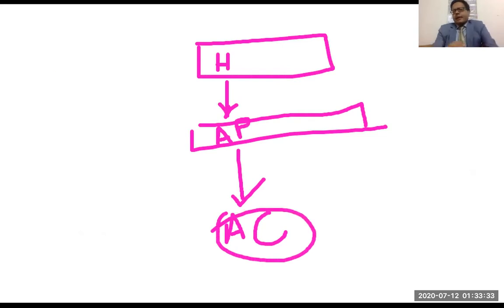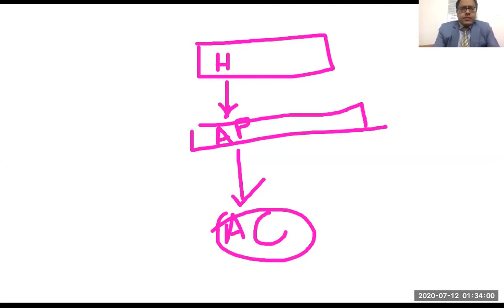Normally, if your cortisol levels are high, that gives negative feedback to your anterior pituitary and also to your hypothalamus, because the hypothalamus releases corticotrophin releasing hormone to stimulate the anterior pituitary. The anterior pituitary then releases ACTH to stimulate the adrenal cortex. This is the usual pathway.